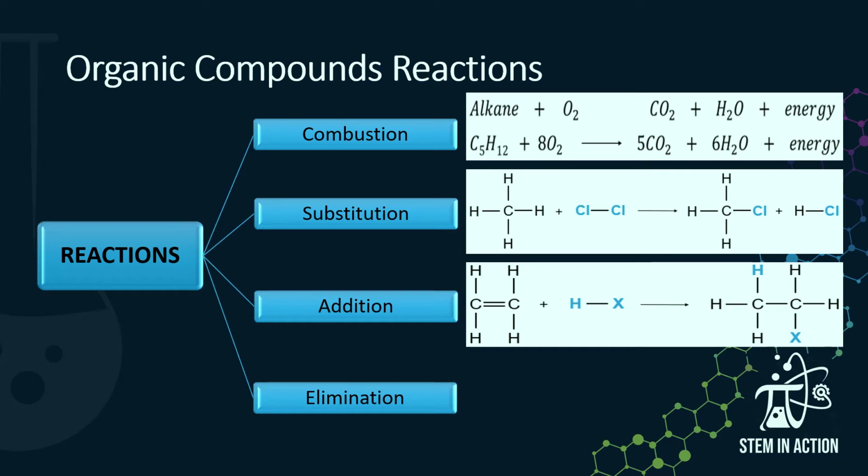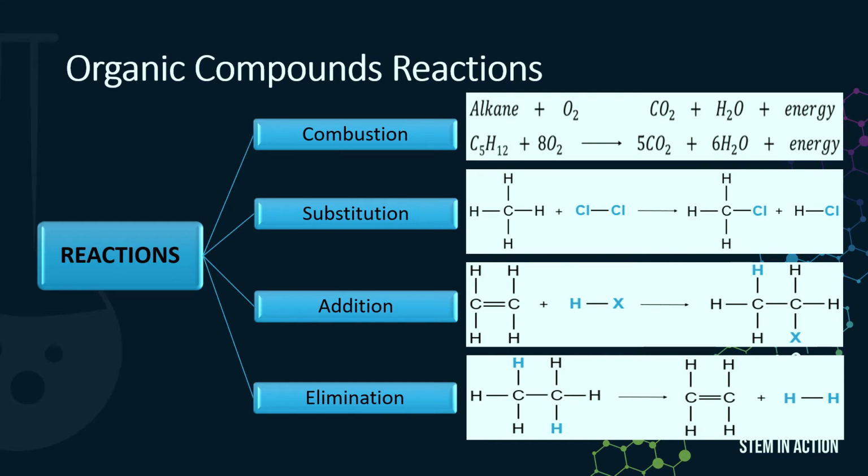One of the differences between substitution and addition is that in addition, we do not have a side product because we are simply adding to the molecule, whereas in substitution, you get a byproduct of the reaction. So whenever you see a reaction with more than one product, it's probably not going to be an addition reaction.